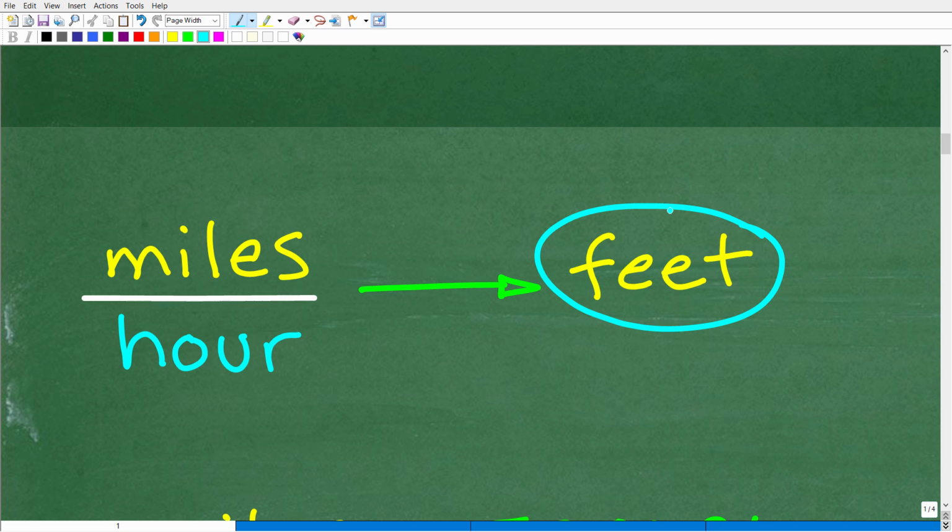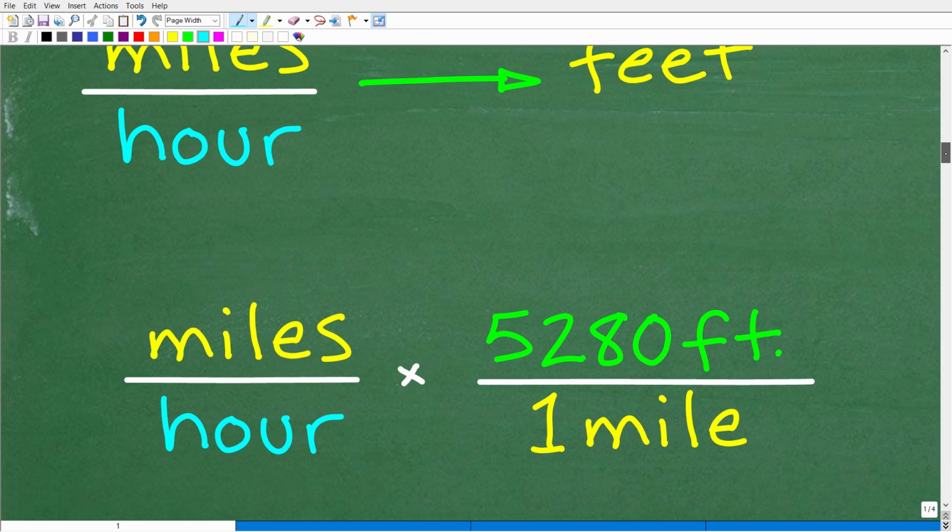So we're going to convert miles into feet first, and then we'll address the hours. I don't want to do this simultaneously because it can be confusing, but we'll have to combine all these steps to finish this problem up. But I'm just going to take this nice and slow. So let's talk about how to convert miles to feet, or miles per hour to feet.